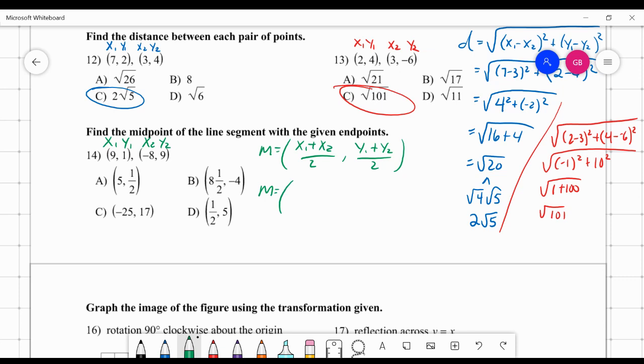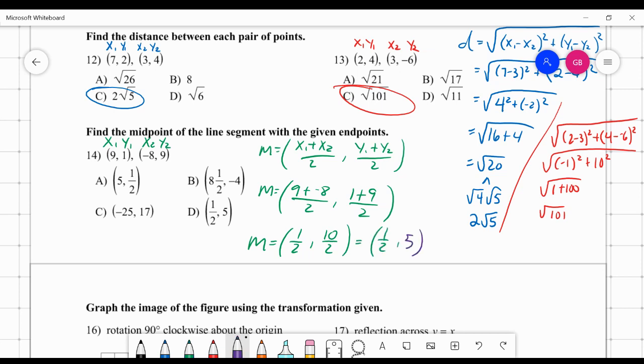Midpoint is 9 plus negative 8 over 2, 1 plus 9 over 2, which is 1 over 2 comma 10 over 2, which is 1 over 2 comma 5. There, D.